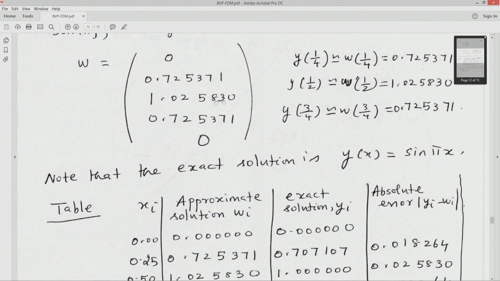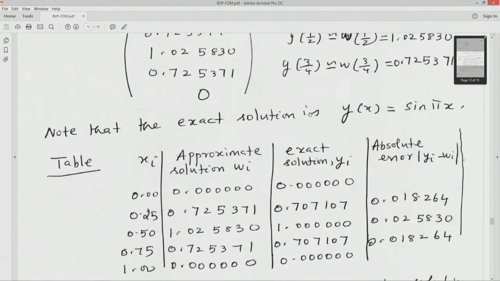Y at half is this, and that gives you an approximation, namely 1.02530, and so on. So, the solutions at the interior points which are approximations to the exact solutions y at the interior points are given by these.